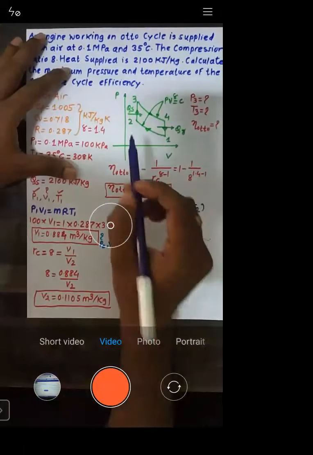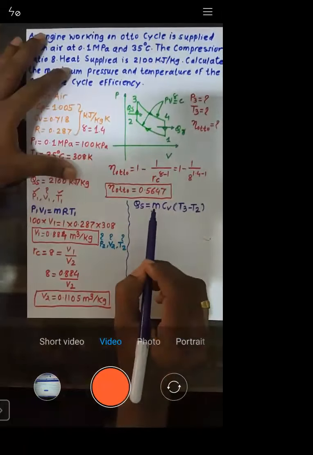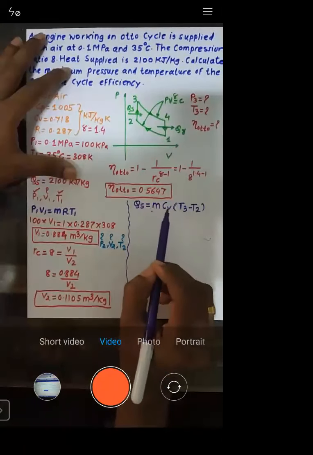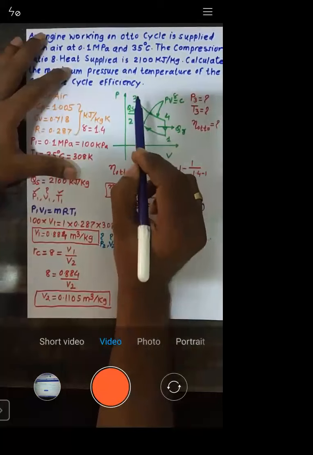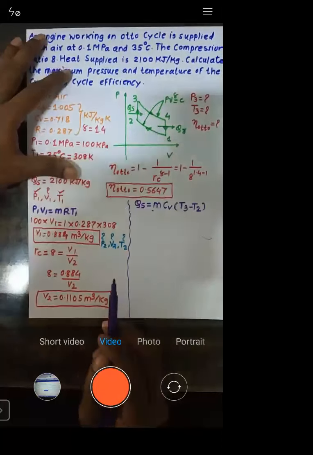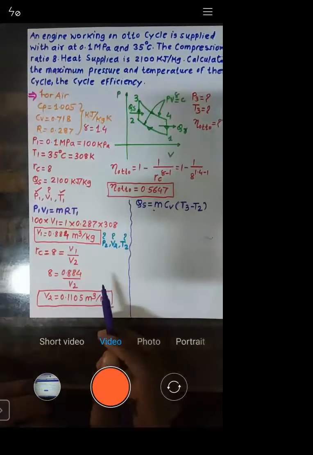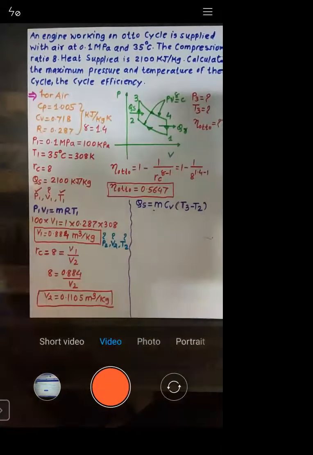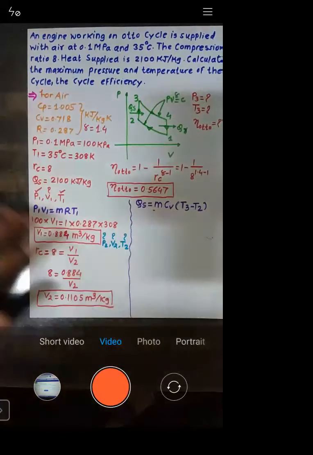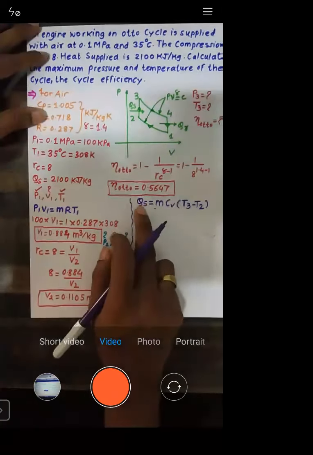QS is M into CV into T3 minus T2, because T3 is greater than T2. We have seen this formula when we looked at the expression for the efficiency of the Otto cycle. The value of QS is given.